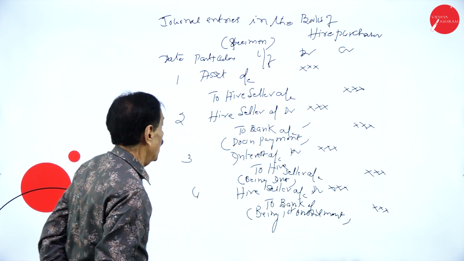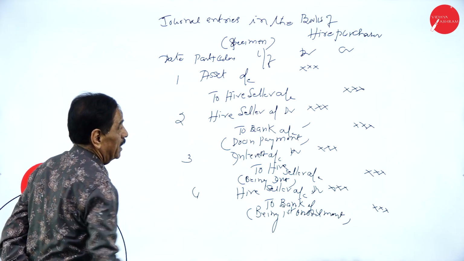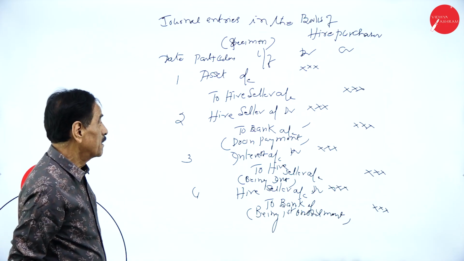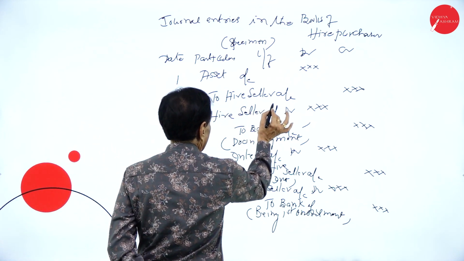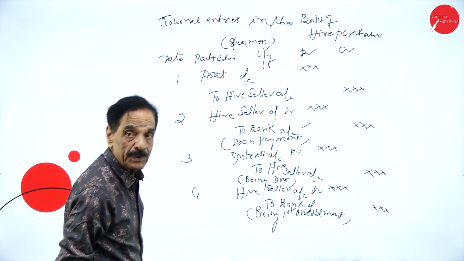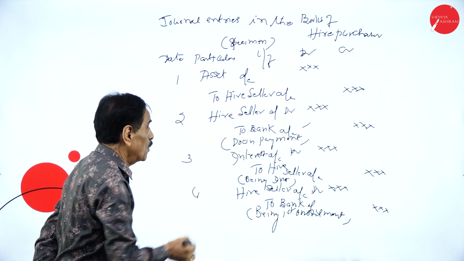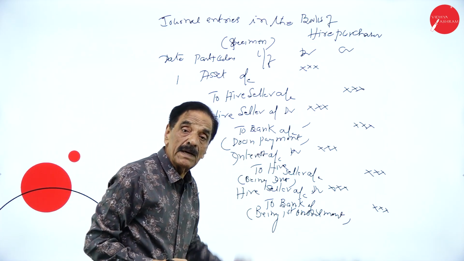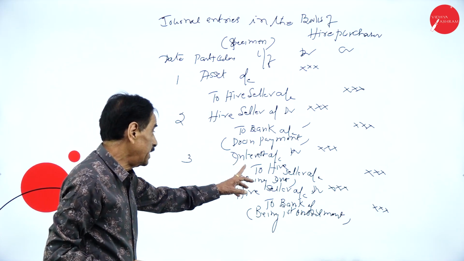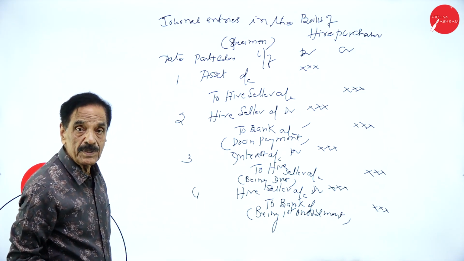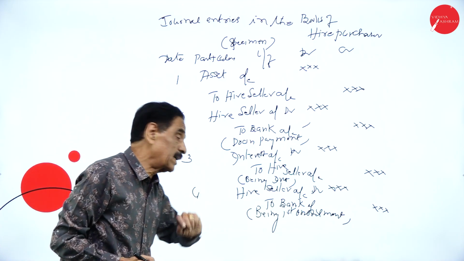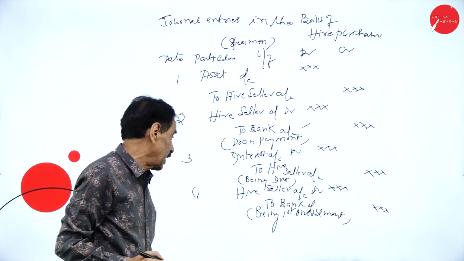The entries are: asset account debit to hire seller account, being asset purchase under hire purchase system. Hire seller account debit to bank account, being the down payment. First year interest: interest account debit to hire seller account. Hire seller account debit to bank account, this is the first installment.